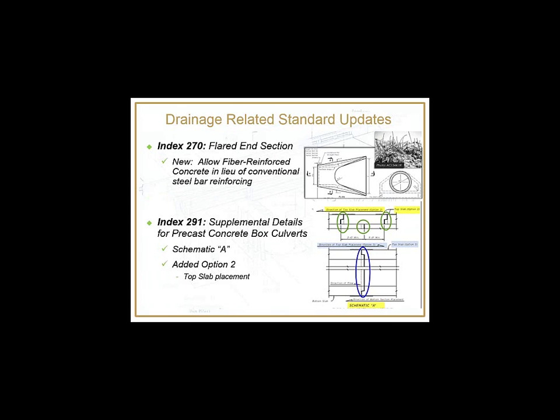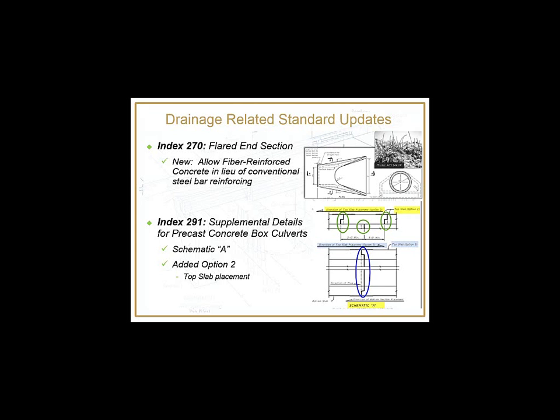For flared end sections, which are a challenge to reinforce conventionally, some manufacturers are exploring the option to use fiber reinforcing in lieu of conventional steel reinforcing or welded wire mat, which has been allowed now for a couple of years by the structures design guidelines.